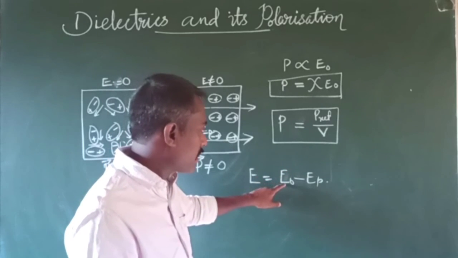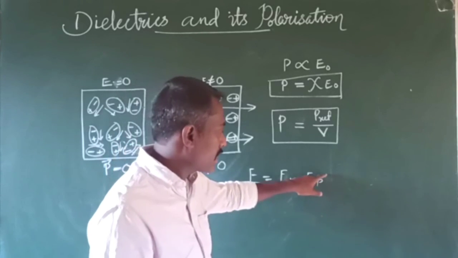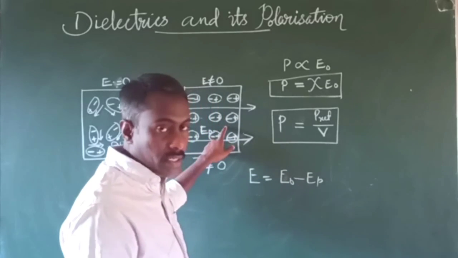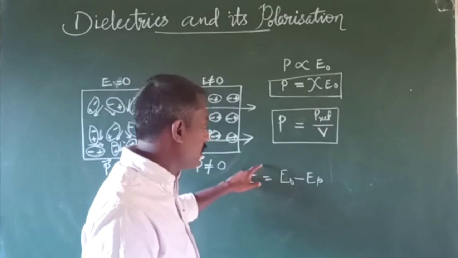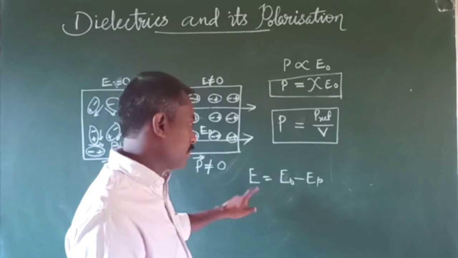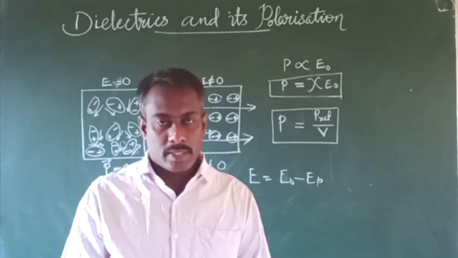If we increase the external electric field, the internal electric field produced inside the dielectric also increases, so that the value of the net electric field will be reduced. So that's all about dielectrics and their polarization. Thank you.